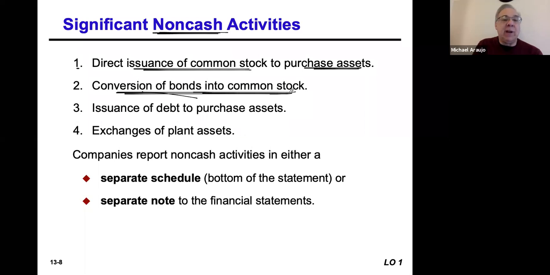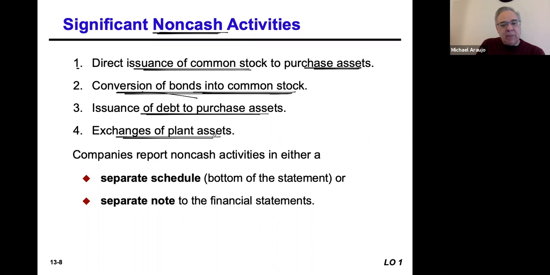They're paid in shares of common stock, which doesn't cost the company cash. If they issue bonds to buy assets, that's a non-cash activity as well. And if they simply exchange plant assets, that's a non-cash, one asset for the other.